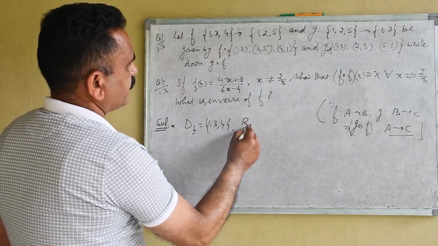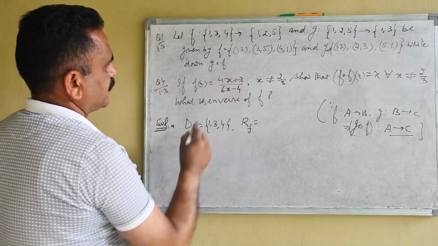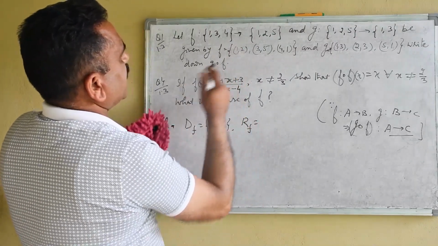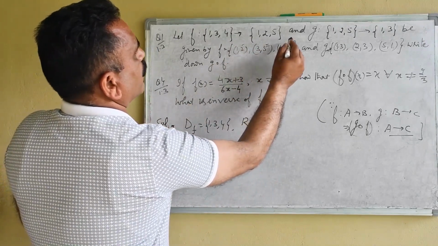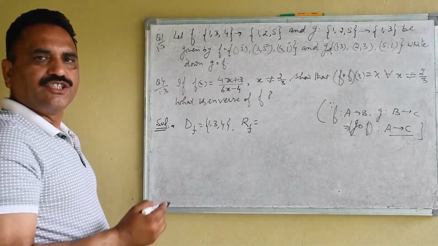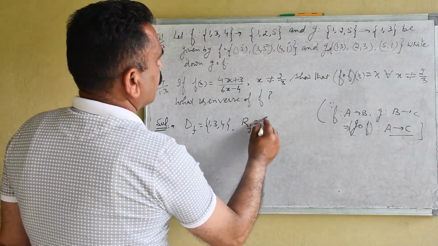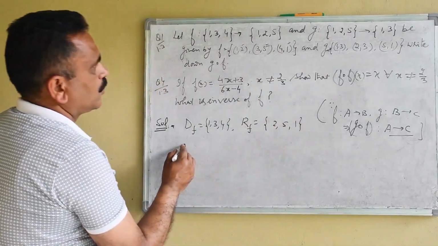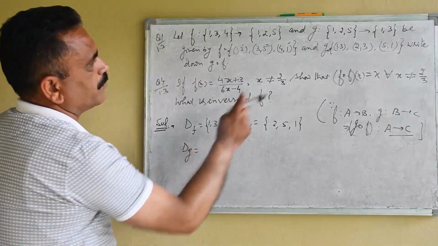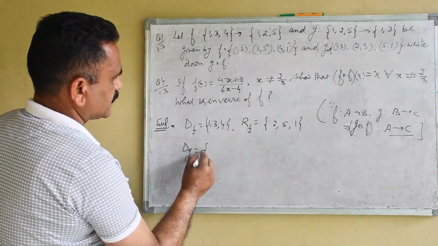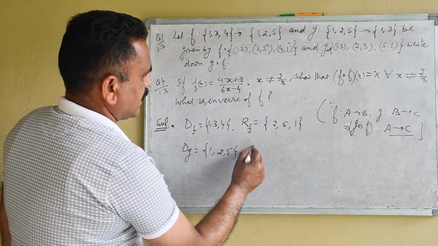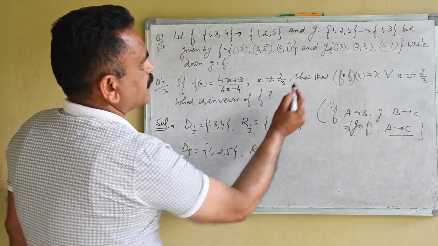What is R of f? The second element of every ordered pair is the range of the function. So what is R of f? This is {2, 5, 1}. What is D of g? The domain of the second function is {1, 2, 5}. What is the range of the second function?